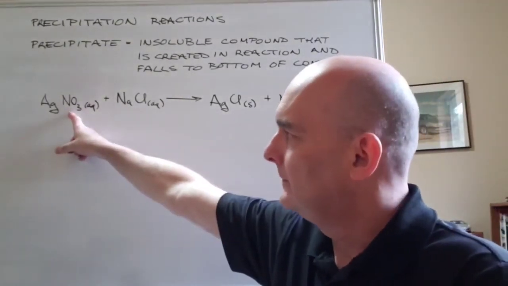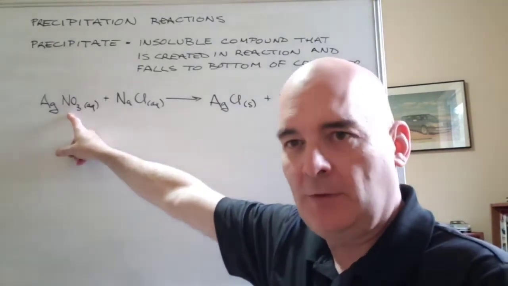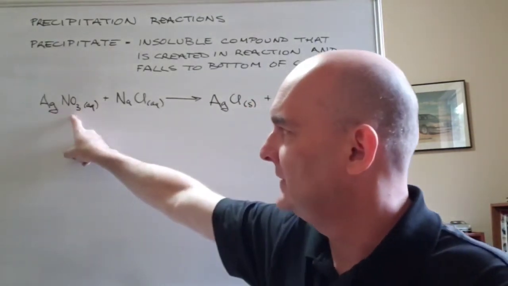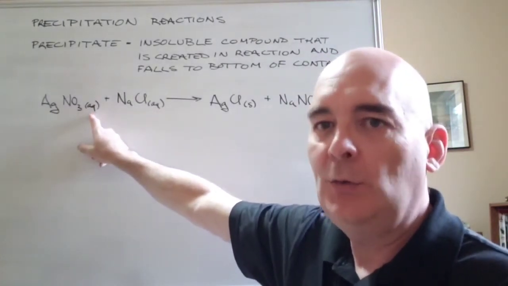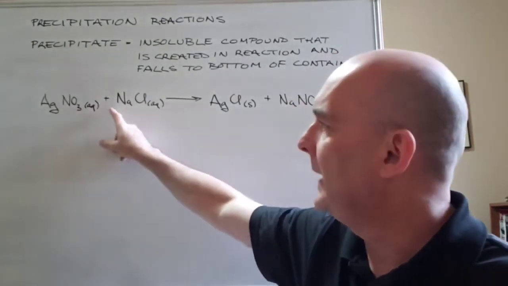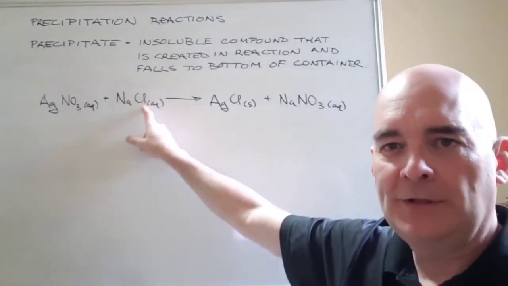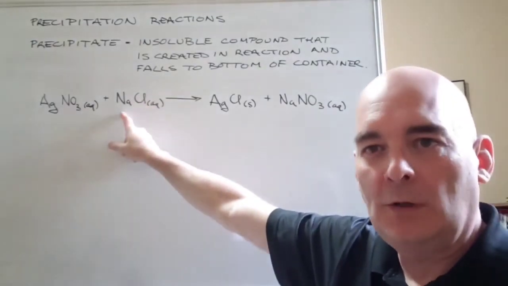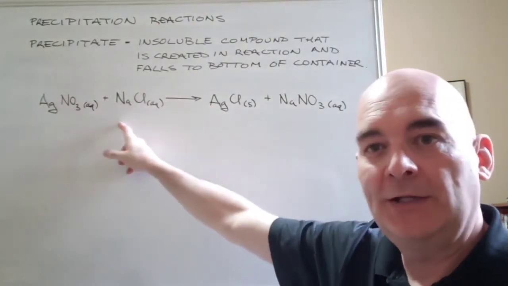We've seen earlier from the solubility rules, all nitrates are soluble. So silver nitrate is guaranteed to be soluble in water, hence the AQ state symbol here for aqueous solution. If I combine it with sodium chloride, now most chlorides are soluble in water, but all sodium salts are soluble in water, so I can guarantee that sodium chloride is soluble in water.